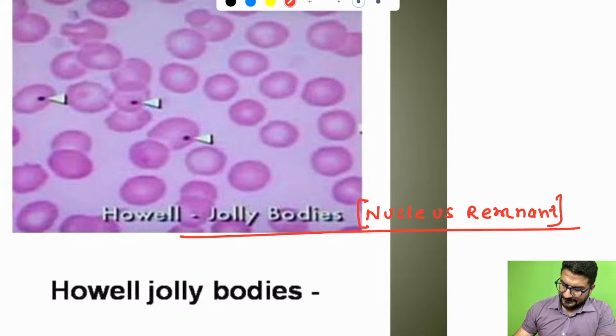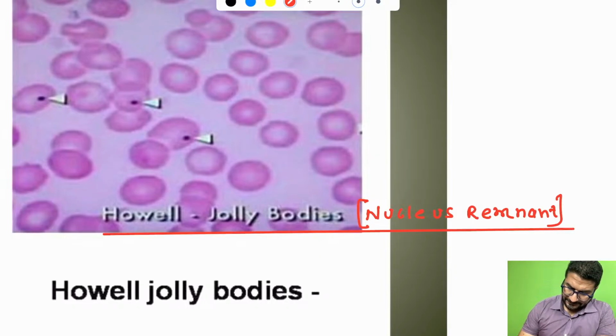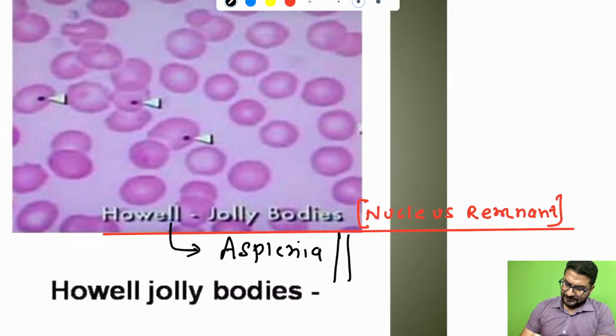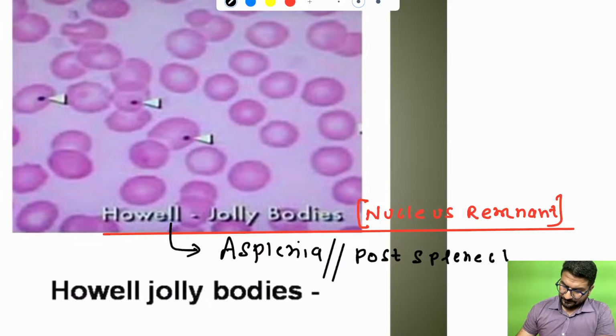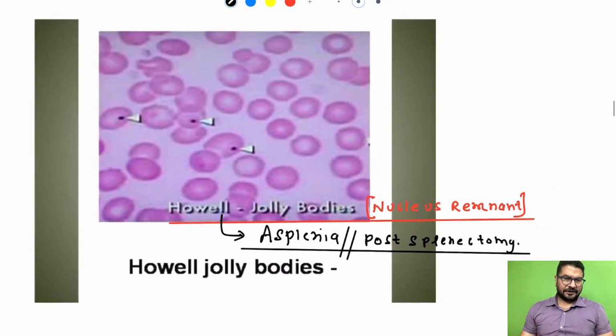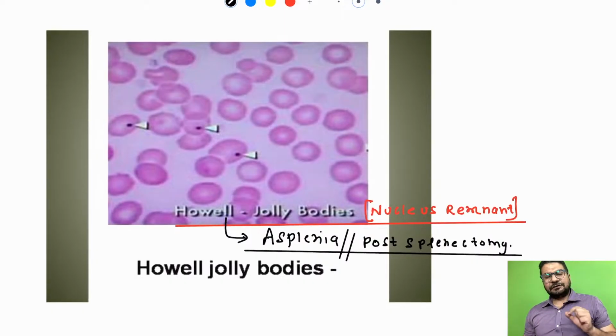Where do we see Howell Jolly bodies? Understand this: you will see them in any patient who doesn't have a spleen. Asplenia means a patient whose spleen has been removed, due to splenectomy. This is something which we see post splenectomy. Similar to this are Heinz bodies, but remember Heinz bodies are precipitated or denatured hemoglobin.